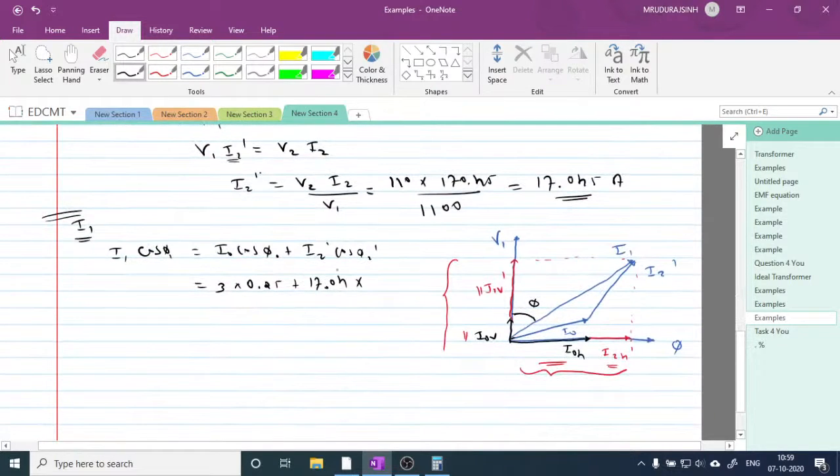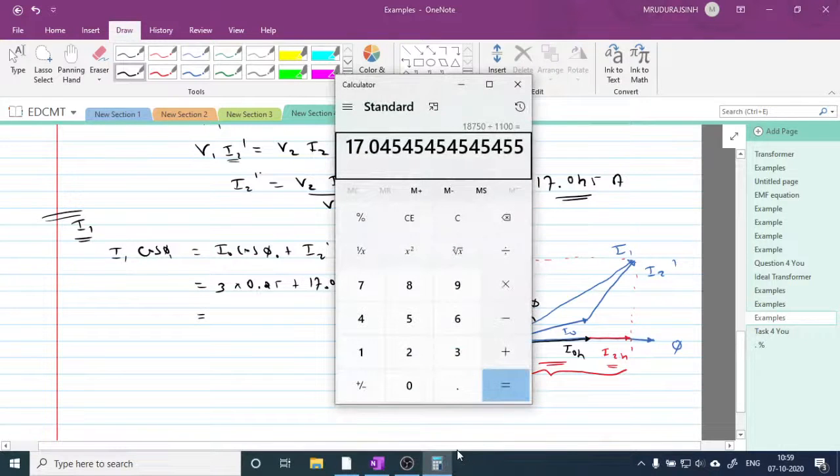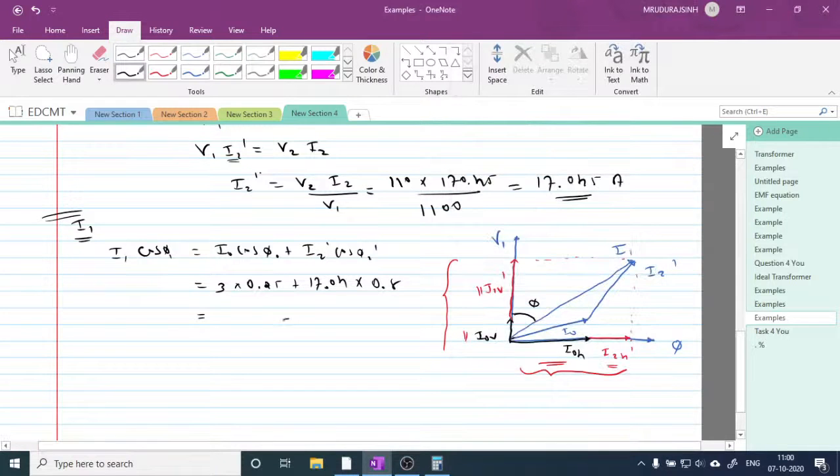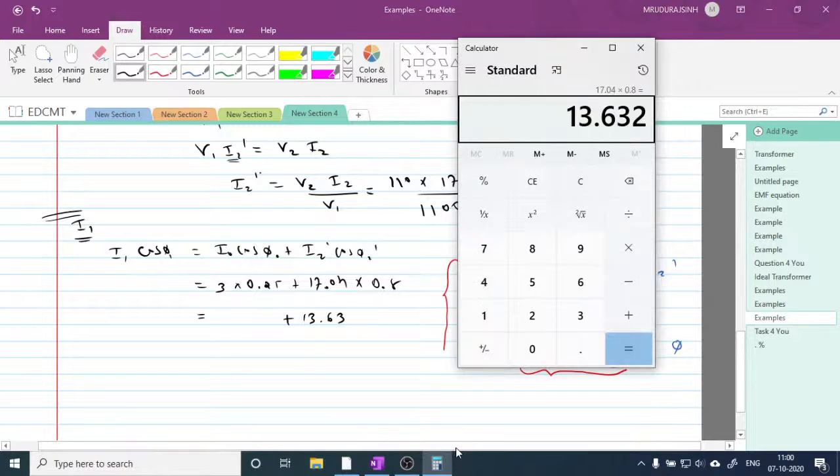So now calculate this. 17.04 multiplied by 0.8 gives us 13.63, and 3 multiplied by 0.25 gives us 0.75.